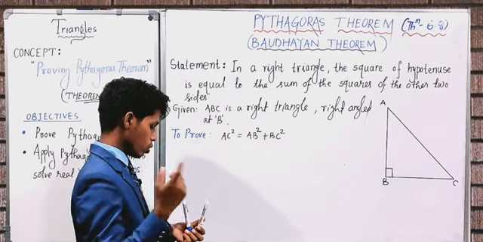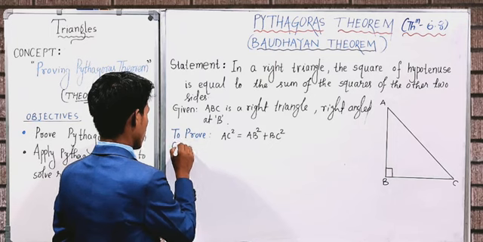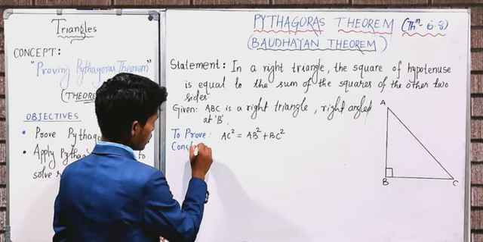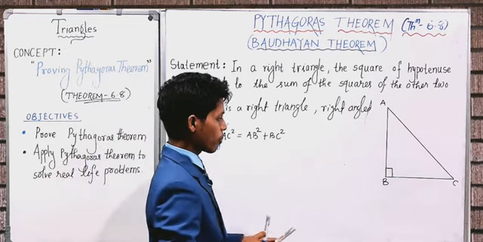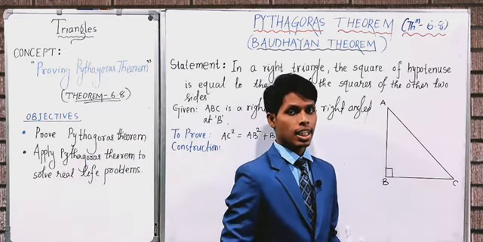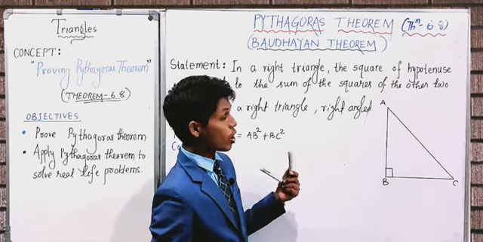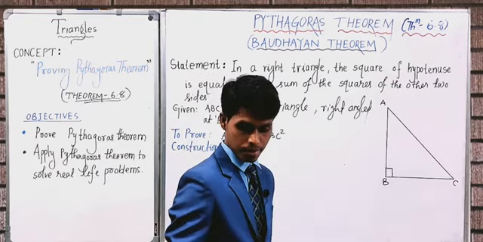So before going to proof, we have to do another thing, that is construction. We have to construct something. Yes, we have to construct a perpendicular from B on AC as it was drawn in theorem 6.7.